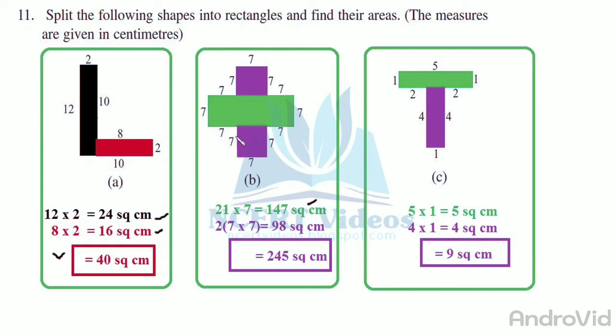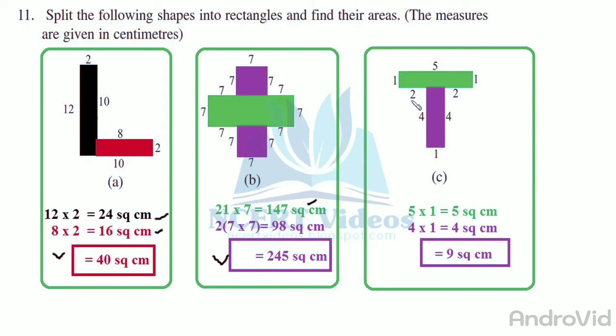Now for the other region, if we find 1, we will multiply it by 2 because these are similar. So 7 into 7 for the 1 and into 2 gives you 98 square centimeter. When you add it, you get 245 square centimeter for the whole figure.